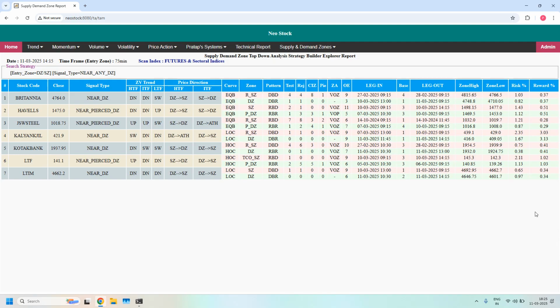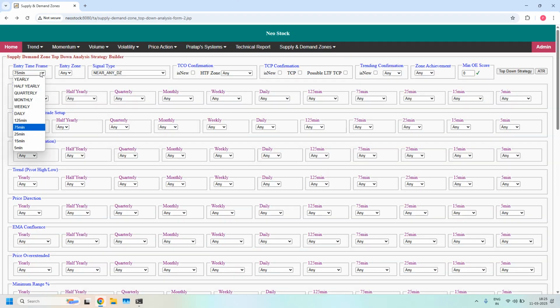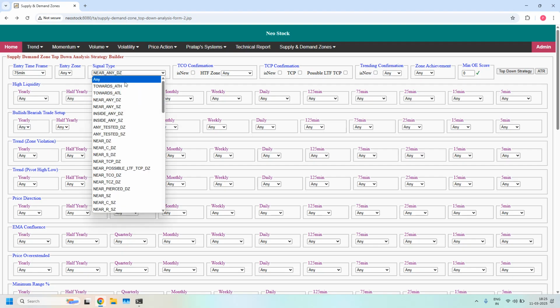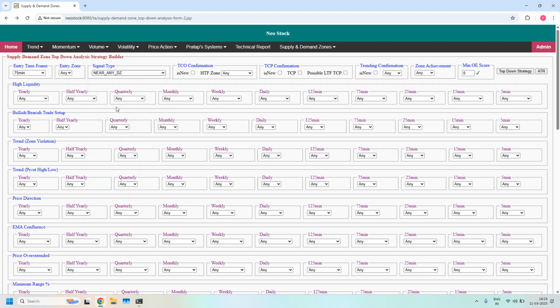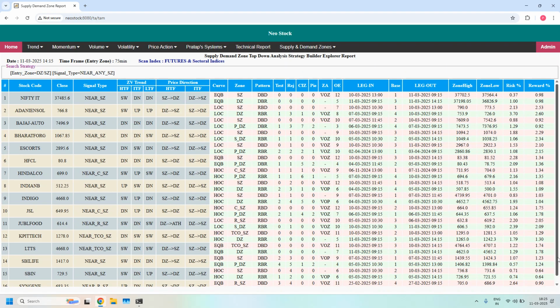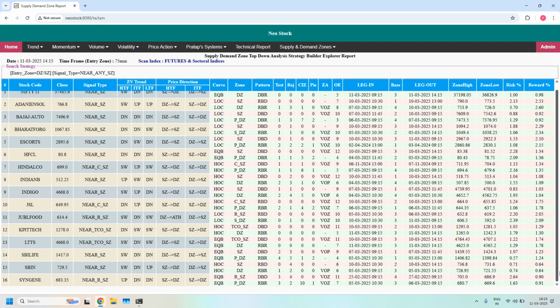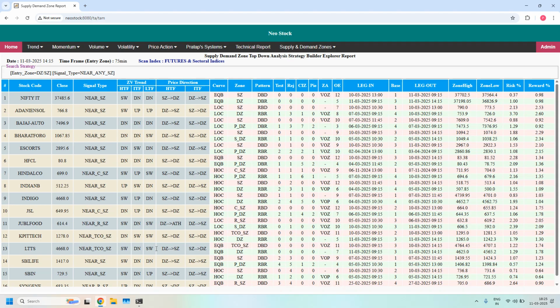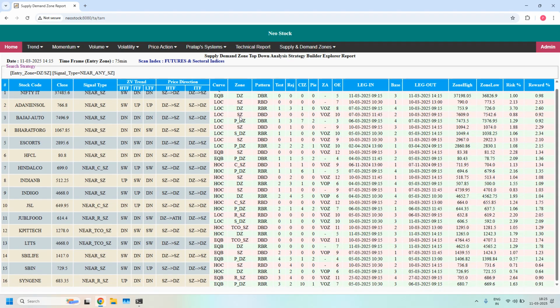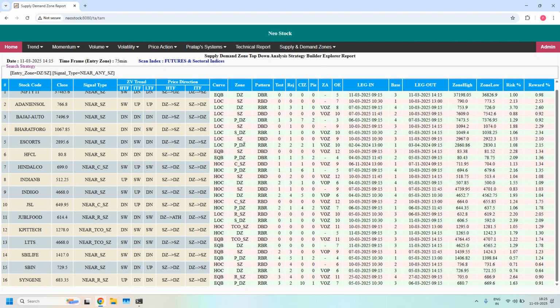Okay. Next, for 75 minutes time frame, let us find the stocks near 75 minutes supply zone. We got 16 stocks. So let us identify high liquidity supply zones from this list. Hindalco is having a 75 minutes high liquidity supply zone.